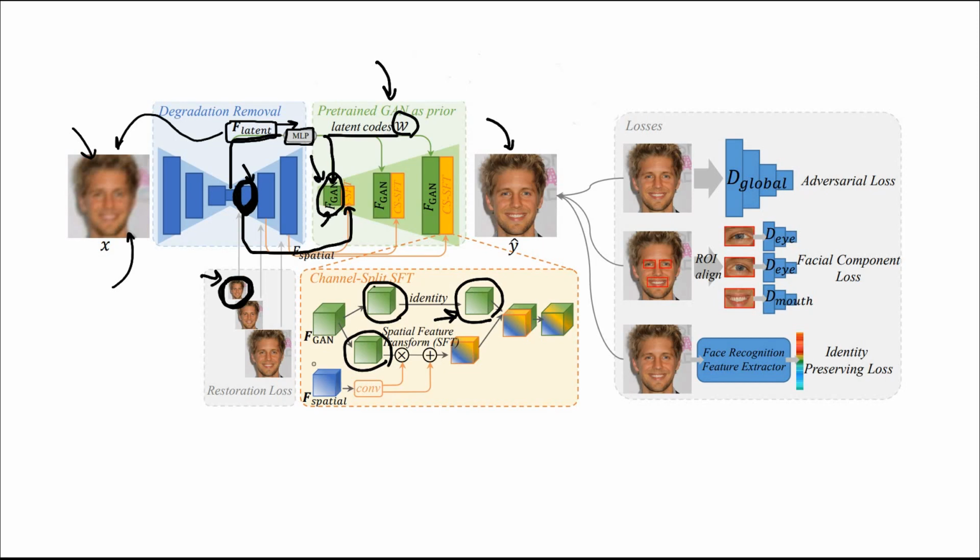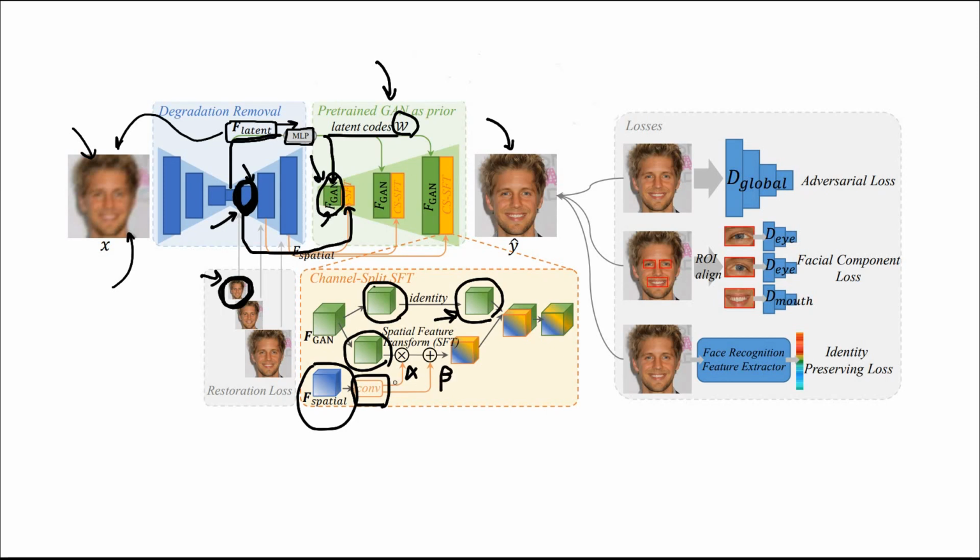Okay, what we will do actually, firstly, we will take this very low resolution version of our original image. We will pass it through many convolutional layers. The output from these convolutional layers will be alpha and beta.